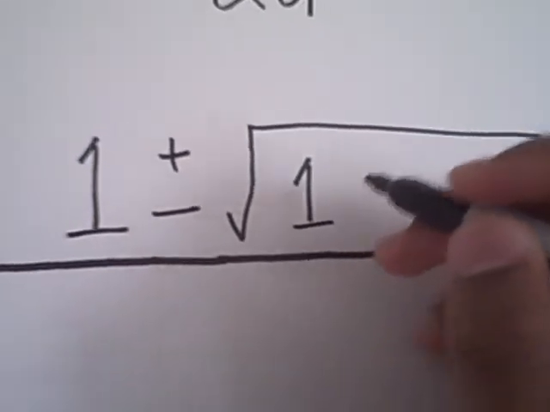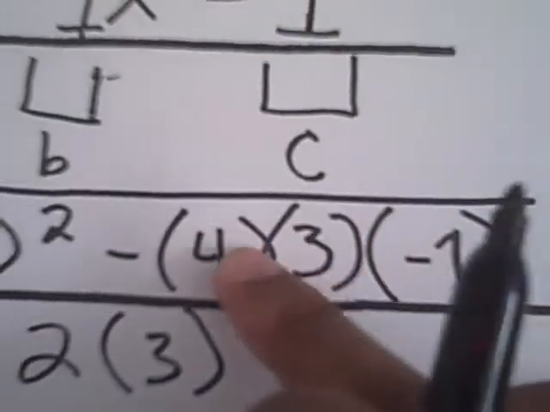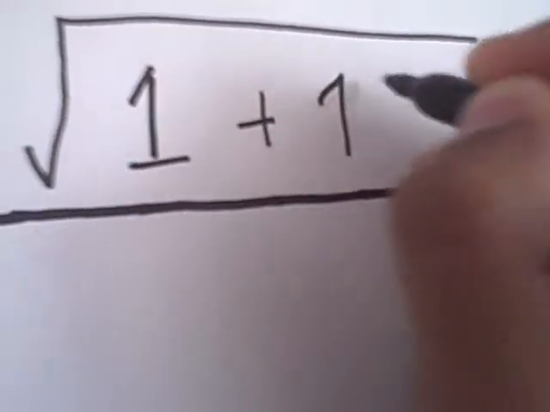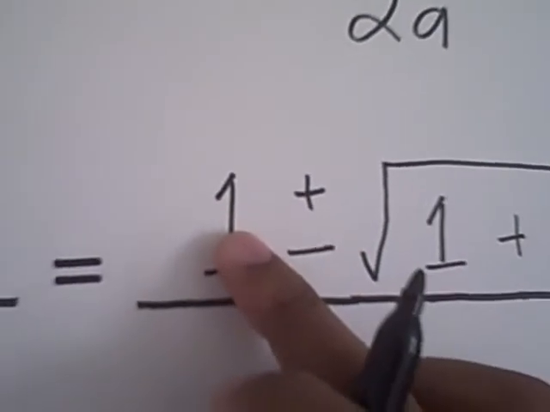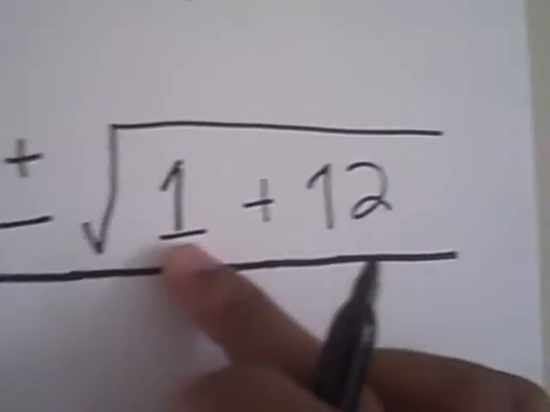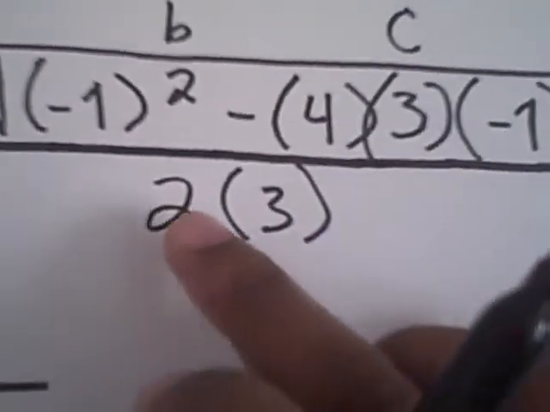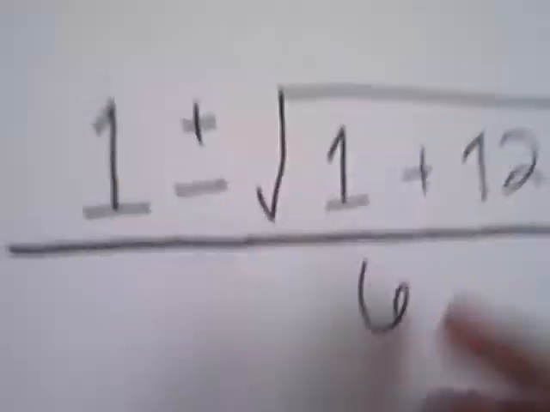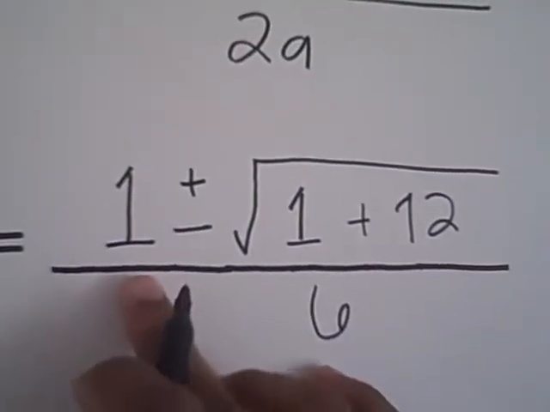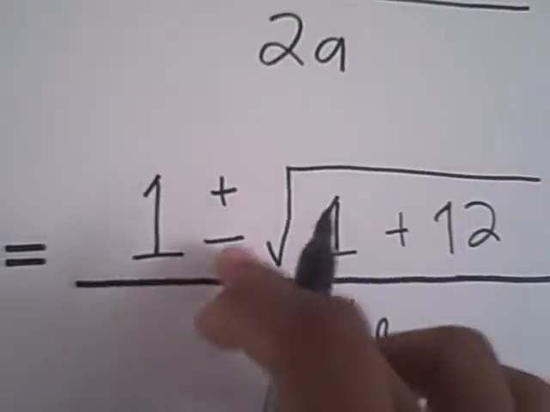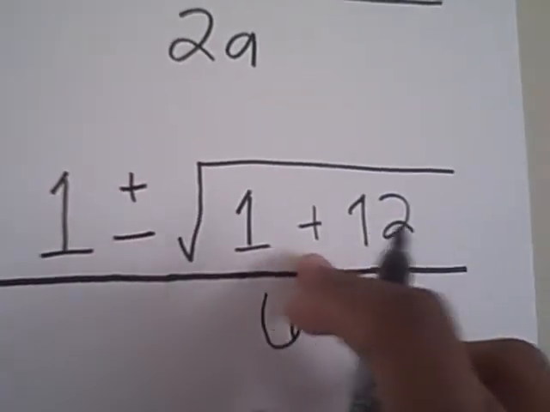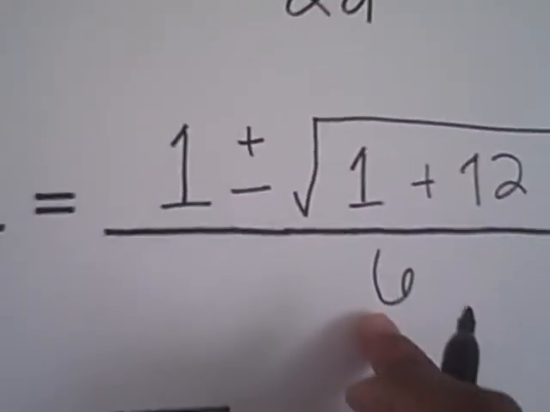Then we multiply these three and we get 12, so we have 1 plus or minus the square root of 1 plus 12. Then for the bottom, 2 times 3 gives us 6. So our new equation is 1 plus or minus the square root of 1 plus 12, over 6.